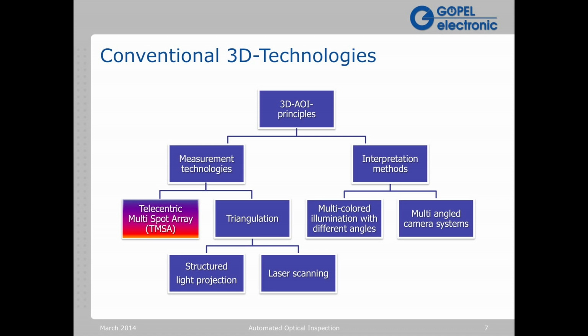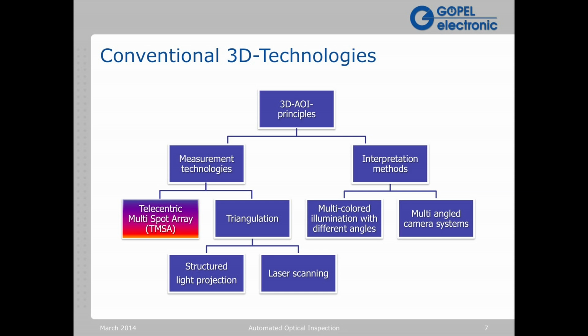They produce structured light patterns or use some kind of laser scanning, and then a triangulation calculation is used to estimate or calculate the actual Z height and topographical nature of a particular circuit board.